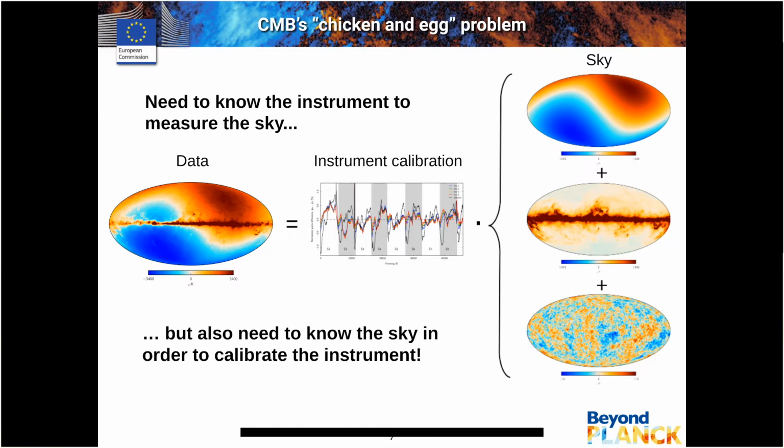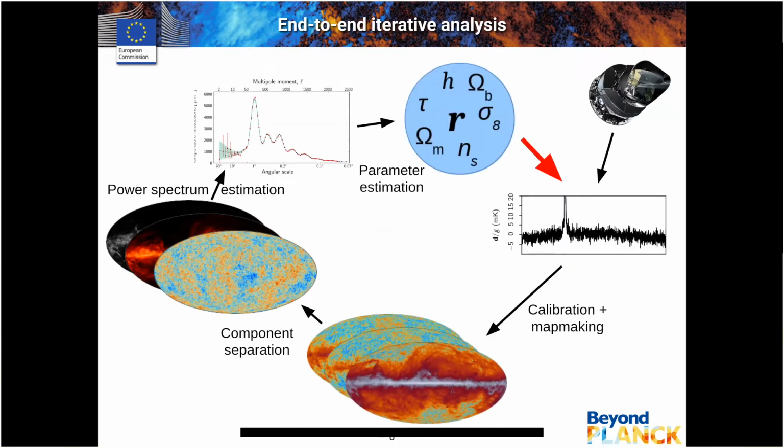And so this is a reason that iteration became a natural solution to this problem. So you can iteratively estimate the sky signal and the instrument calibration one after another, and have them both converge simultaneously to the maximum likelihood solution. So as Ingunn mentioned in her talk, the way we do this is an end-to-end iterative analysis. So traditionally, you would have done each of these steps once, or in the case of Planck 2018, 4 times, and then you would end up with final results and publish those.